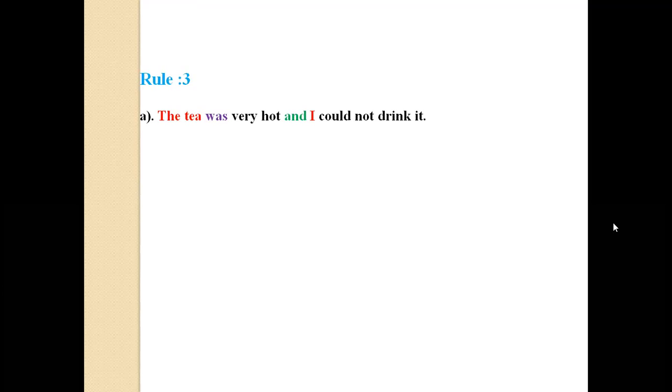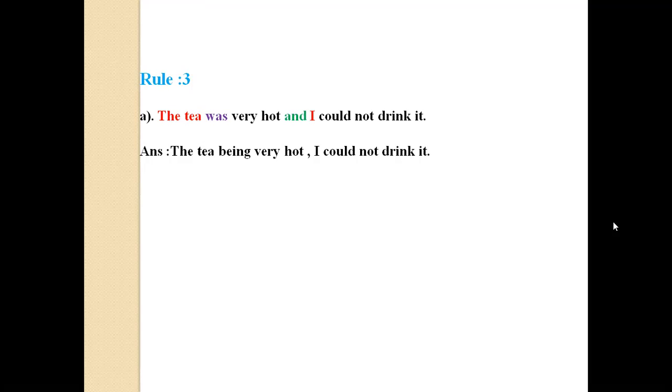If you want to turn it simple, you will use this structure. At first, write the tea, then ing with the be verb, and omit and, use a comma instead of and. So the answer will be the tea being very hot, I could not drink it.